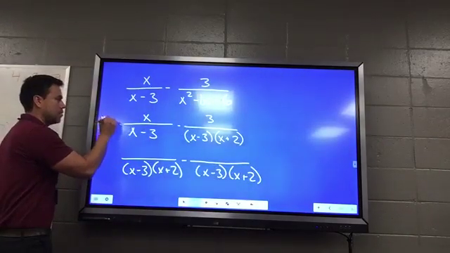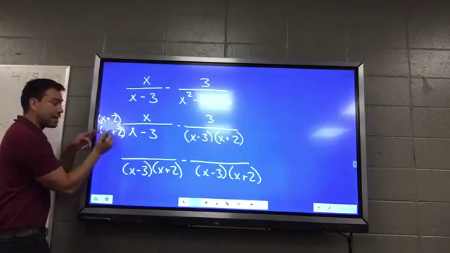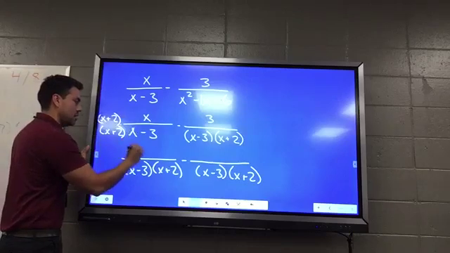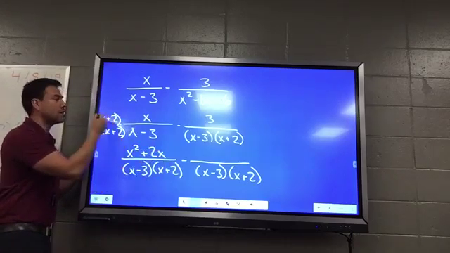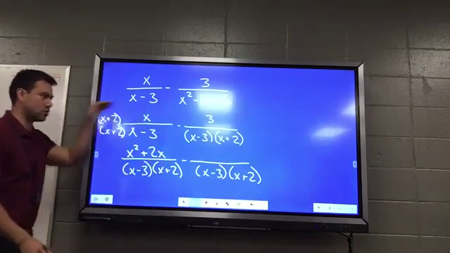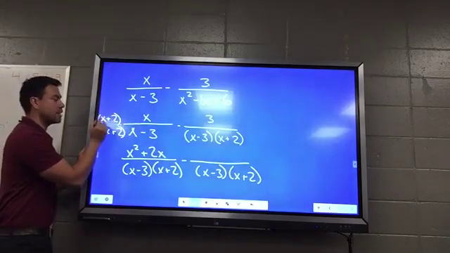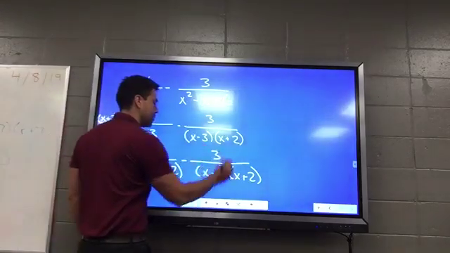So I'm going to do x plus 2 over x plus 2. So that gets me my denominator. And then what's x plus 2 times x? x squared plus 2x. By the way, keep the denominators factored. Simplify the numerators. What's x times x? x times 2. And what did I multiply the other one by? 1.